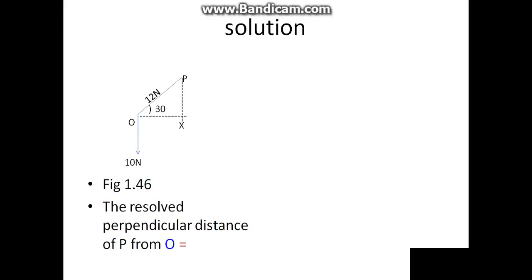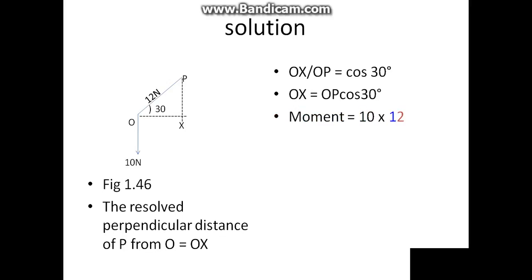Solution. Looking at figure 1.46, the resolved perpendicular distance of P from O is equal to OX. OX over OP is equal to cos theta, according to the law of trigonometry. We have that OX is equal to OP cos 30 degrees.